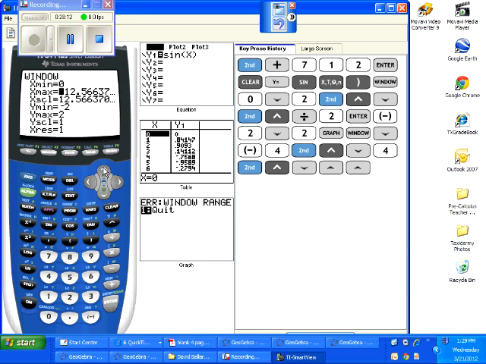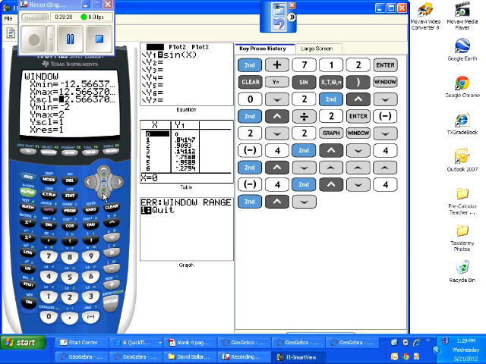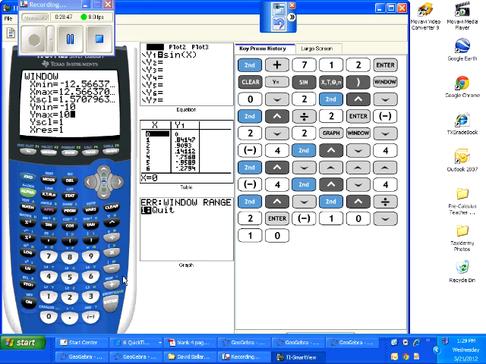Negative 4 pi to 4 pi in units of pi over 2. We'll get this right. There we go. Let's make our y minimum negative 10. It may look a little weird, and our y maximum positive 10. So we can just kind of deal with any shifting we get. Enter.